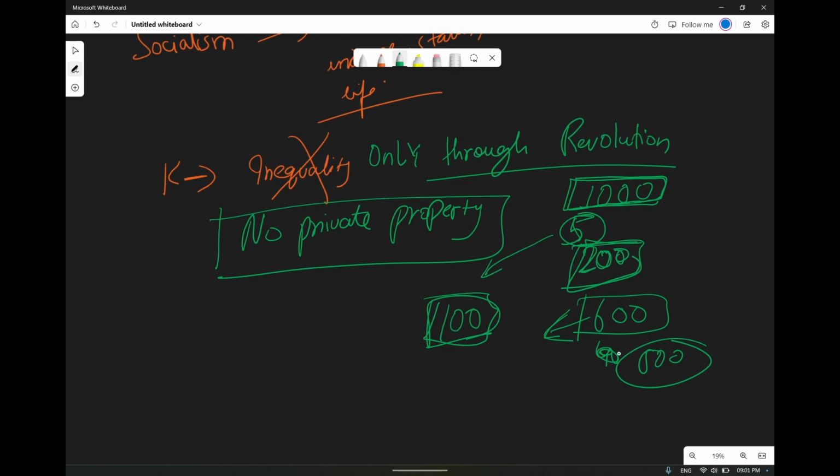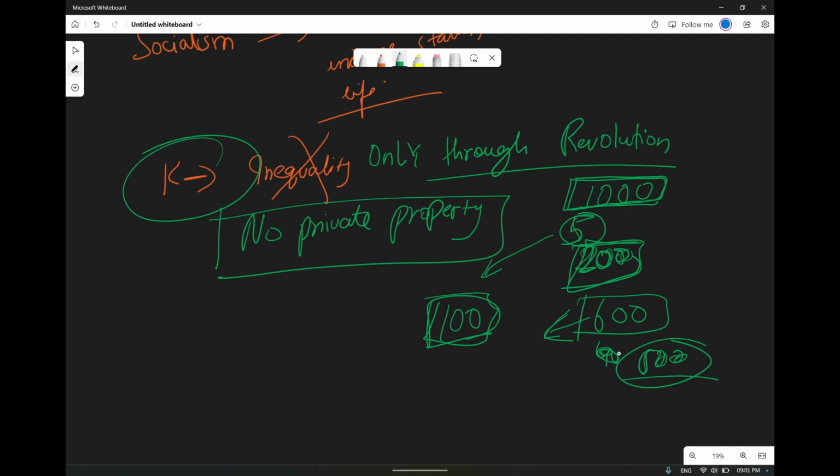Then the question arises, why is the owner getting 600 rupees? What is the need of getting 500 extra? It means we are promoting inequality within society. The money should be divided equally among all the workers. That's what Karl Marx was telling.